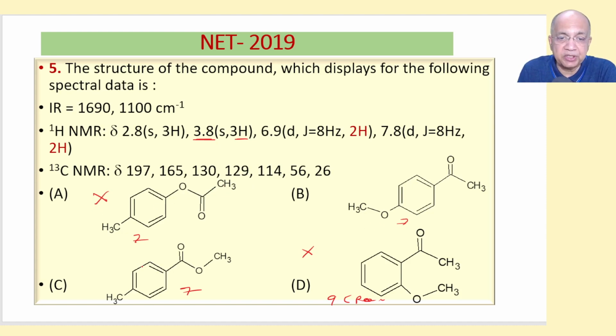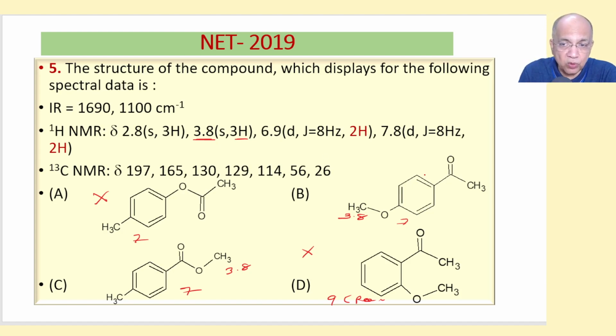Then the competition is between B and C. Here, this can be 3.8, it is bonded to O, and this can be 3.8, can be bonded to O. Now, how to eliminate the one and take the other between B and C?